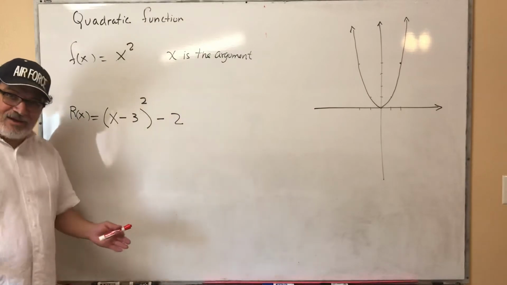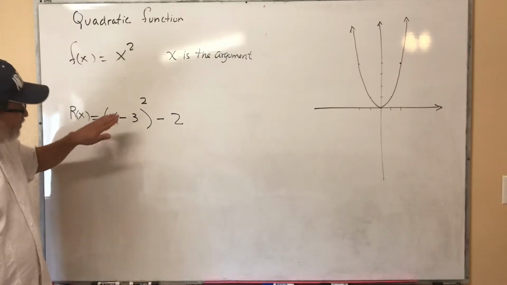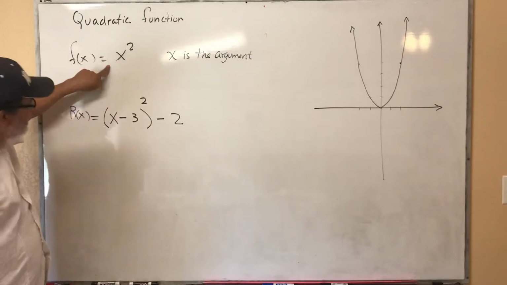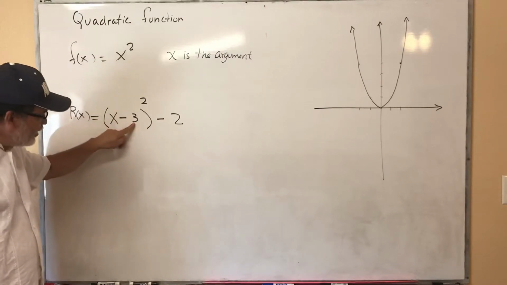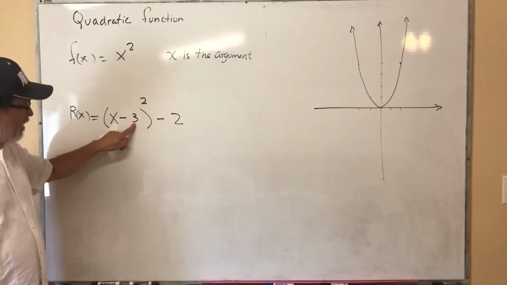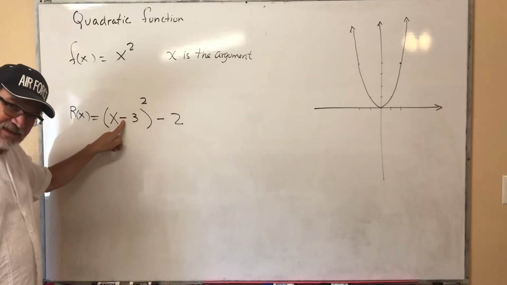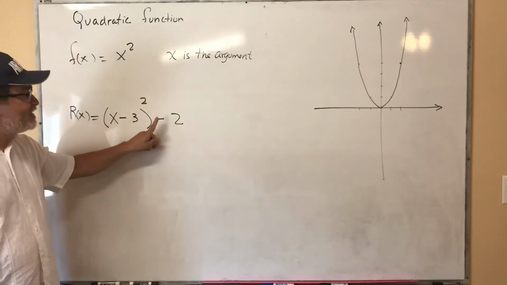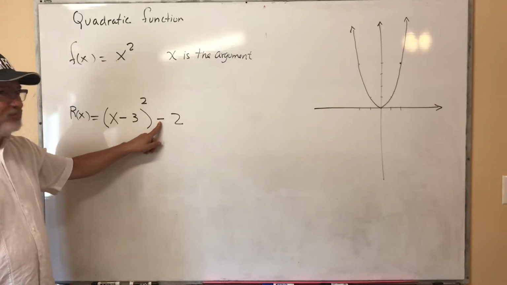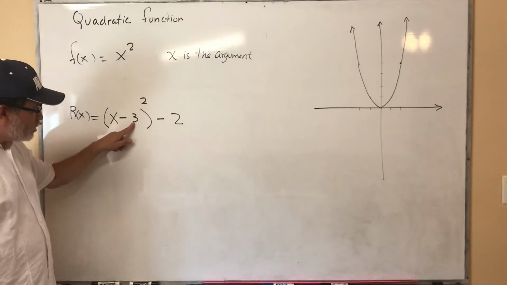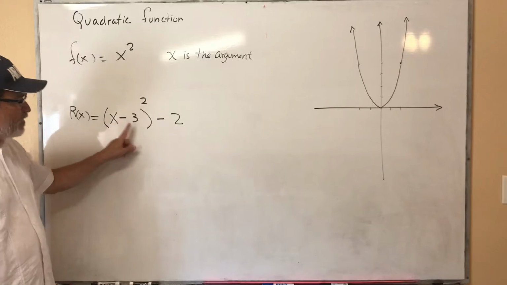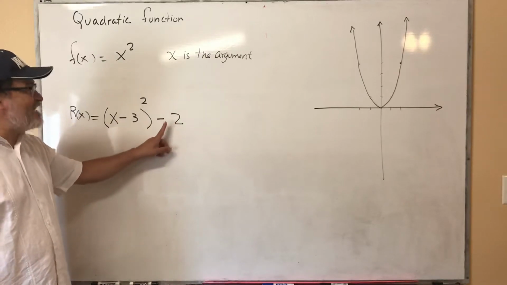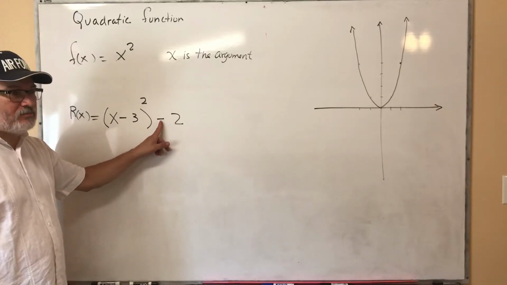All right. So this is the basic parabola, 3 units to the right, 2 units down. This is a horizontal shift in the opposite direction. This is a vertical shift not in the opposite direction.